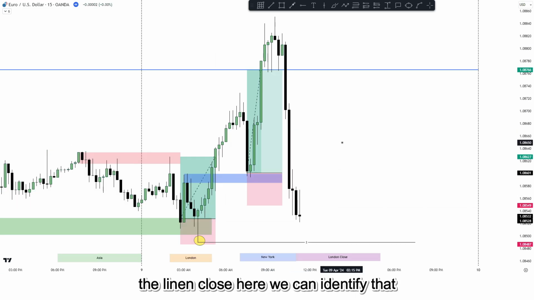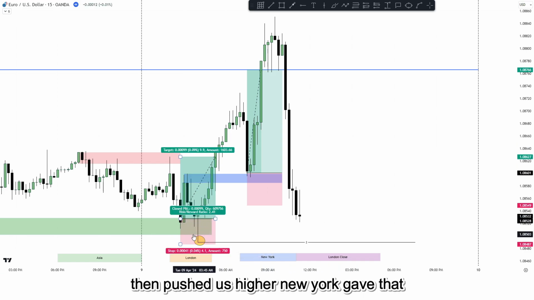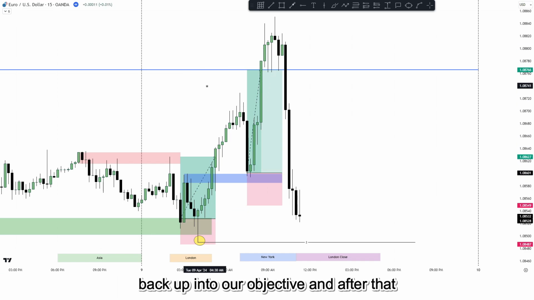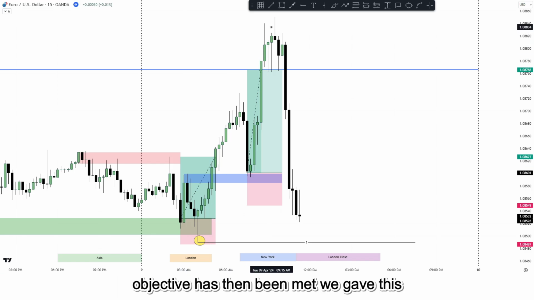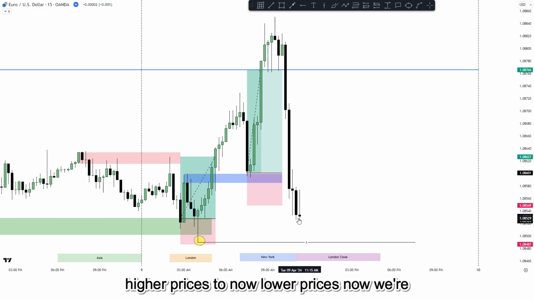So coming into the London close here, we can identify that London session had created this low, which then pushed us higher. New York gave that retracement we were looking for all the way back up into our objective, and after that objective has then been met, we gave this steep pullback, basically shifting structure from higher prices to now lower prices.